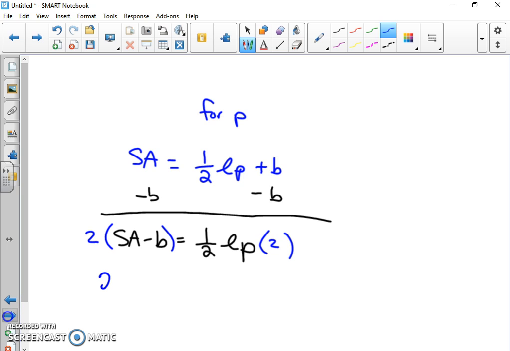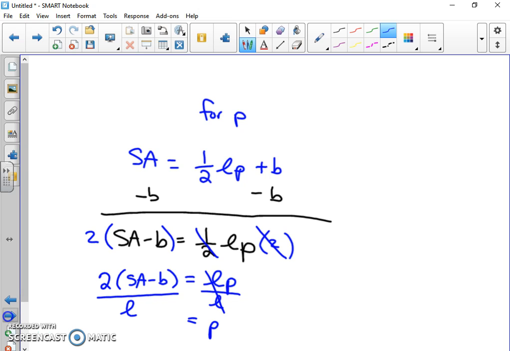So then we end up with 2 parentheses SA minus B equals, this cancels, LP. And we're still trying to get P by itself. So it's multiplied by L, divide by L, divide by L, and P equals 2 times SA minus B over L. Had to squish that one in there, huh?